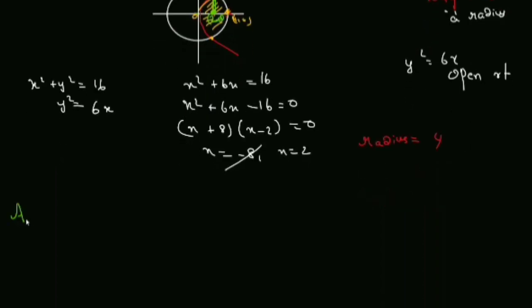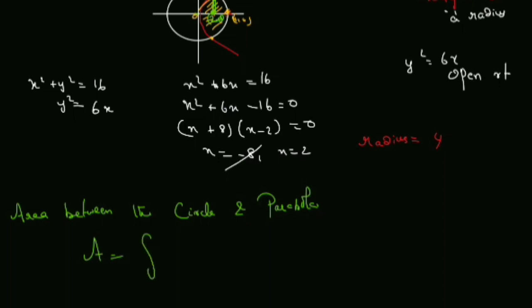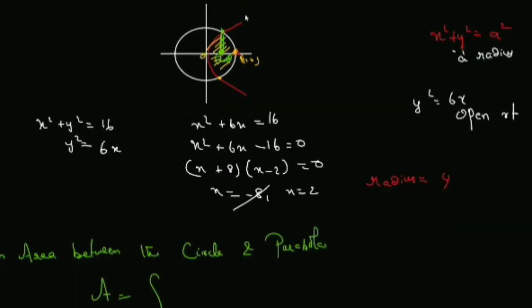So the area between the circle and the parabola is A equal to integral. This, we take it as y1 and the circle you take as y2.